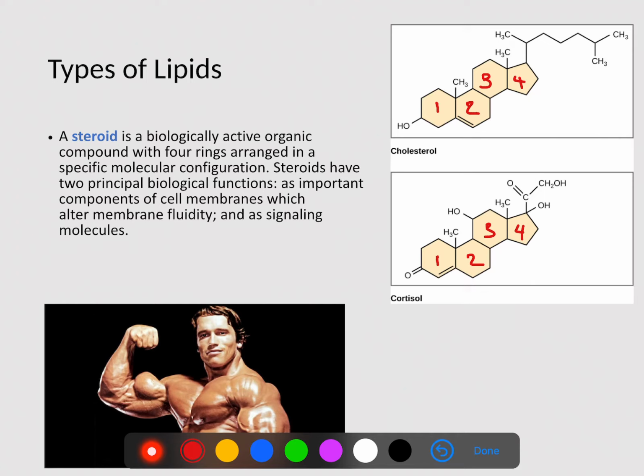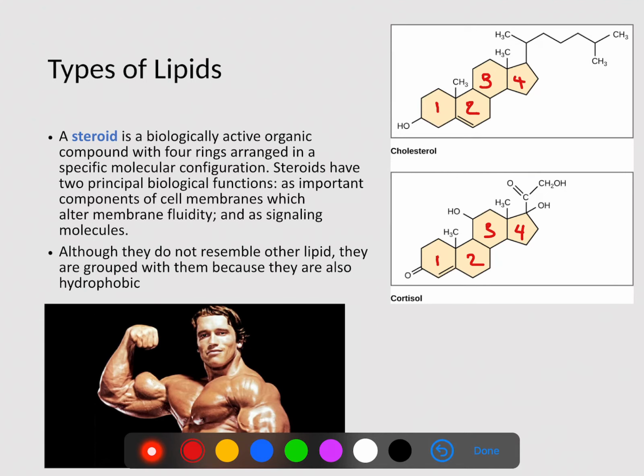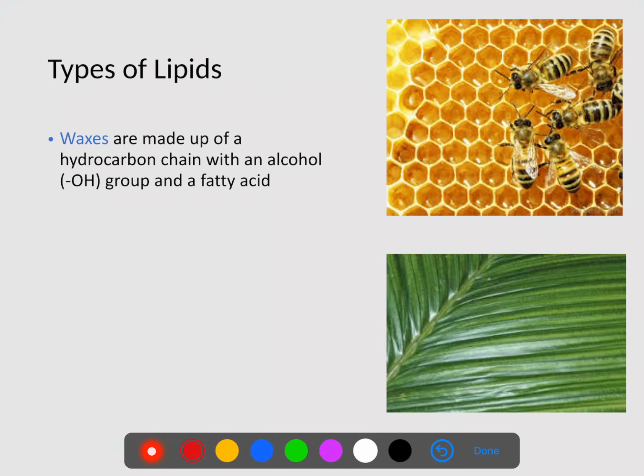Steroids have 2 principal biological functions: as important components of cell membranes, which alter membrane fluidity, and as a signaling molecule. So although they do not resemble other lipids, the reason that we classified them as lipids is because they are still hydrophobic. Again, it's the only one that doesn't have these long chains.